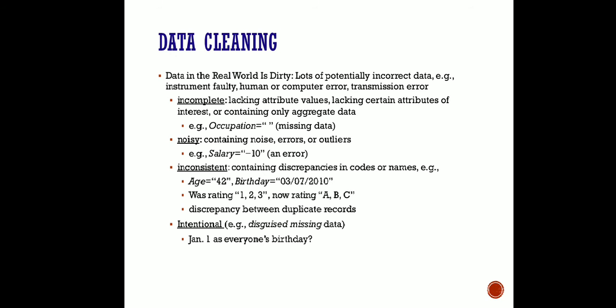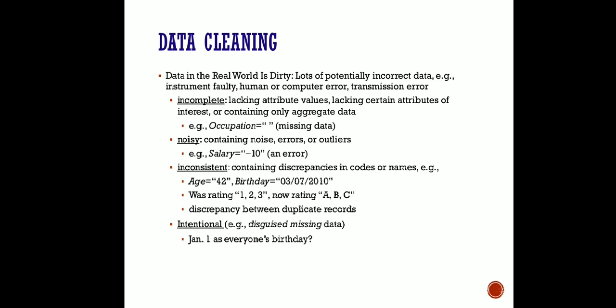Okay, now see noisy. Noisy means it consists of some data which is erroneous, or outliers. Outliers means, in the data set which we are working with, this is a kind of data which can be distinguished from the set very easily, because you can see here salary is -10.